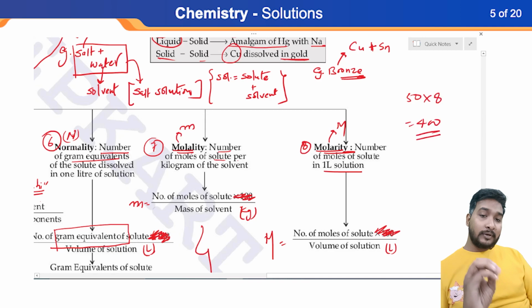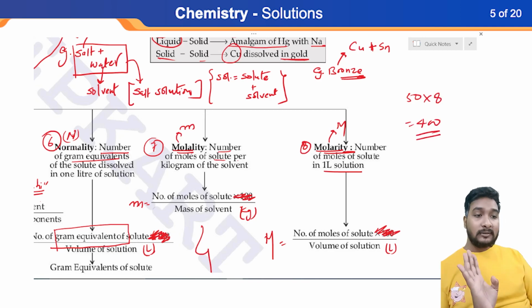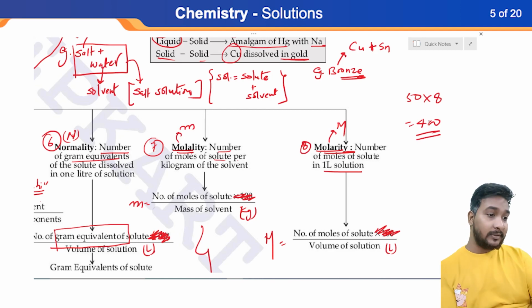If you solve 400 questions, then trust me, you can solve any type of question in future from the topic concentration terms. It is very essential for your JEE syllabus. If you observe the previous year questions, you can find many questions related to concentration terms: molarity, normality, mole fraction. So don't skip it, please do it.